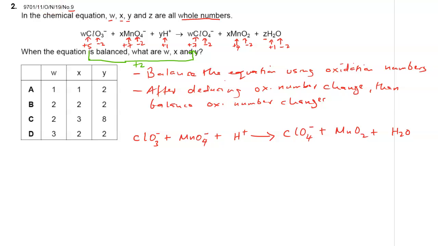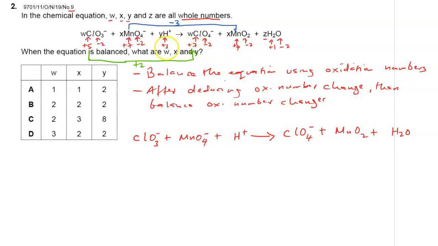Manganese, of course, oxygen has not changed at all, so manganese has changed from +7 to +4, so the change here is -3. That is, it has decreased from +7 to +4, so the change is -3. All right.